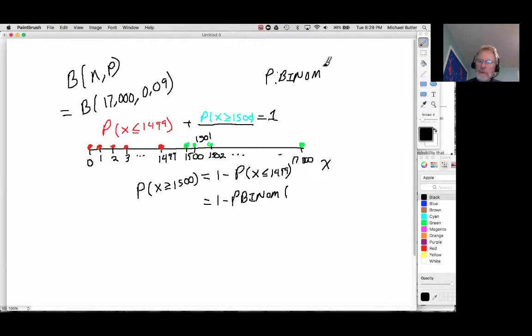Pbinom is x, n, p. You put in those three numbers in that order. So our x is going to be 1499. Although it's not going to make a huge difference, we still want to do that. So it's going to be 1499, 17000, 0.09.